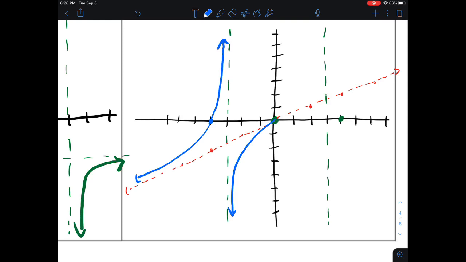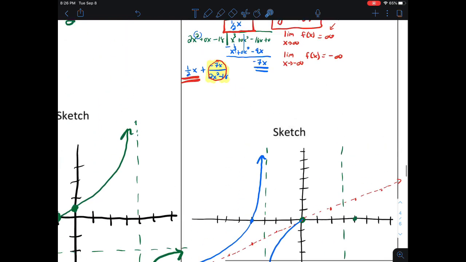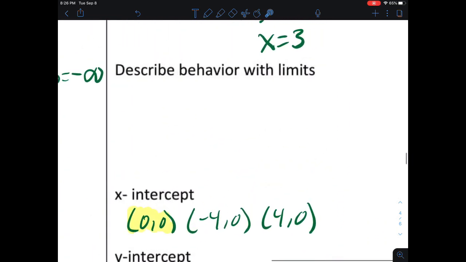So while we're at this stage, let's go ahead and describe that behavior of the function using limits as we approach x equals -3 from the left and the right. As we come at -3 from the left, my graph increases without bound, and as I come at -3 from the right, my graph decreases without bound. So we're going to illustrate that using limits.